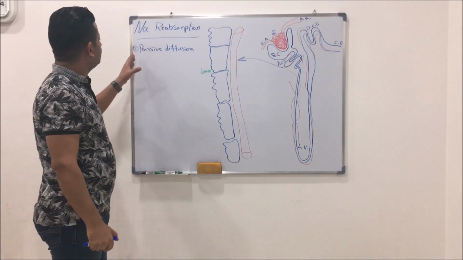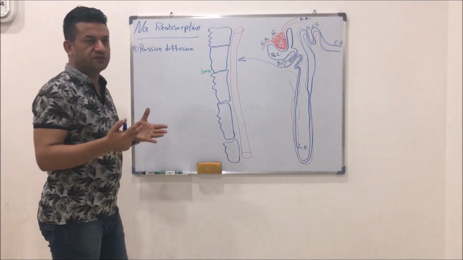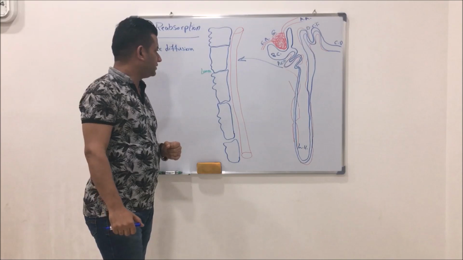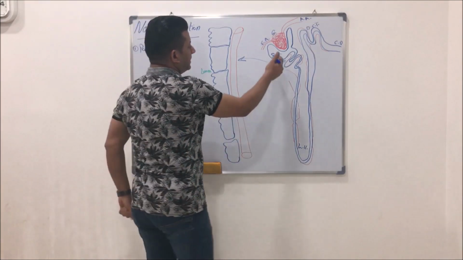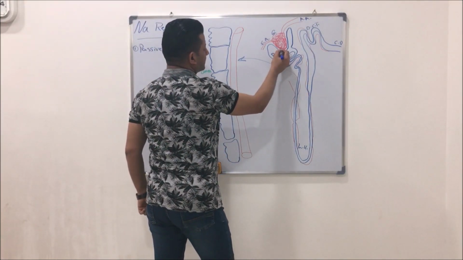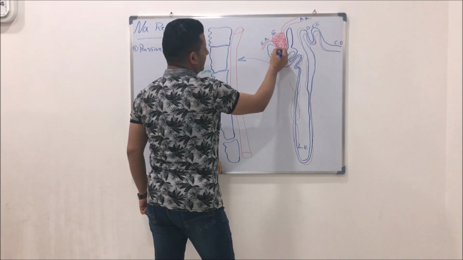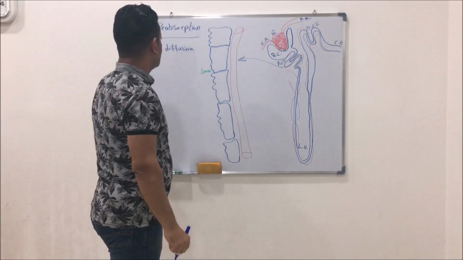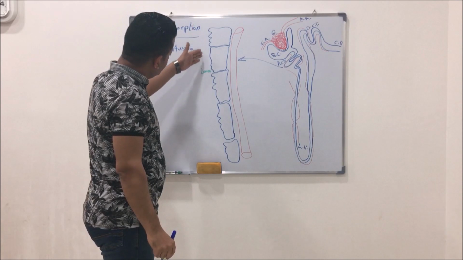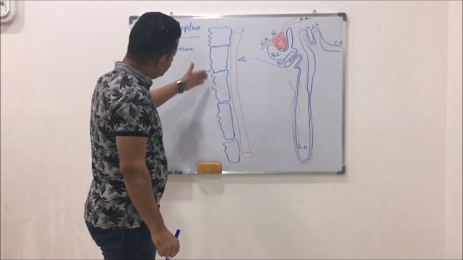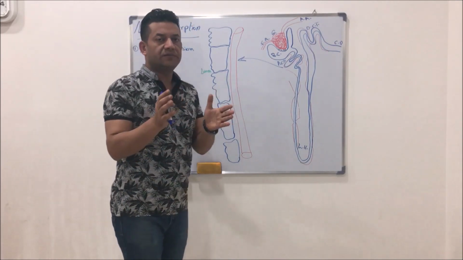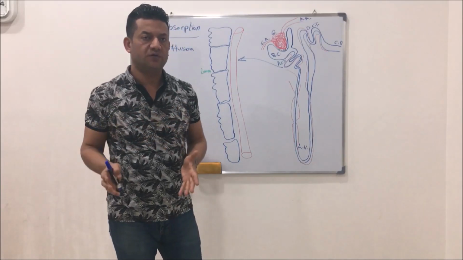So the first mechanism of reabsorption of sodium is passive diffusion. After the filtration process has occurred, in the lumen of the renal tubules there will be a large concentration of sodium ions.